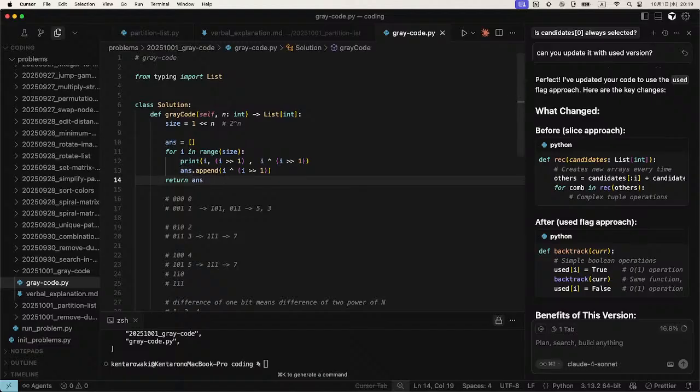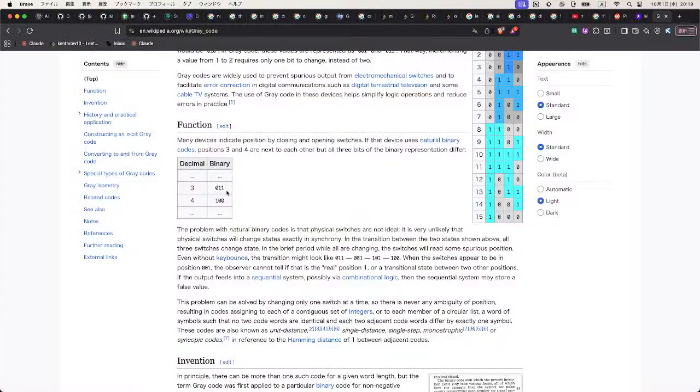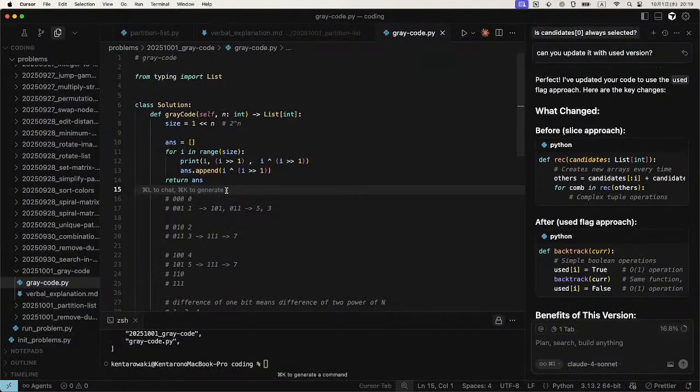But I don't know why we can achieve the gray code this way. But I understand the concept of gray code and the formula.